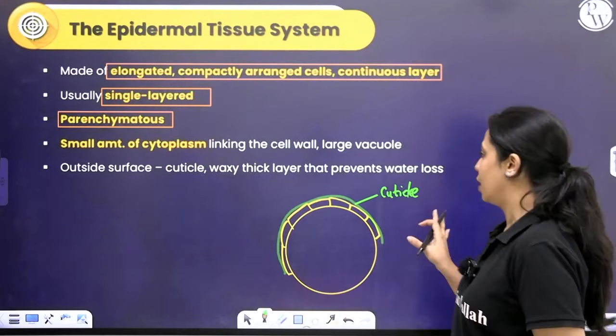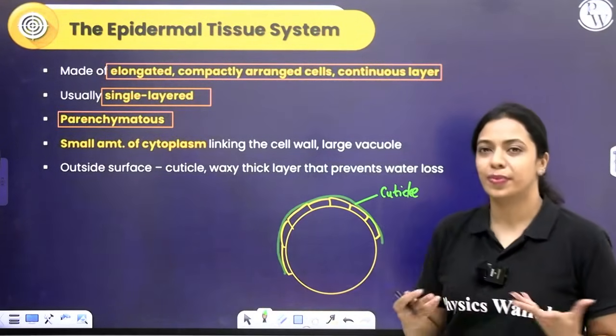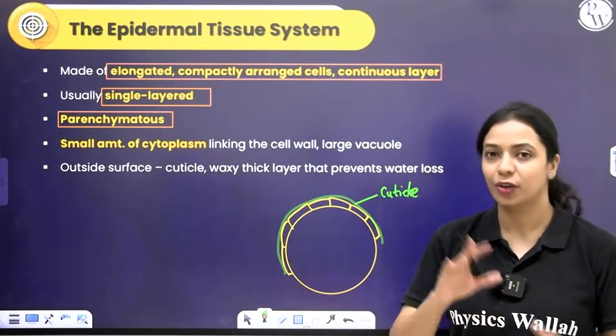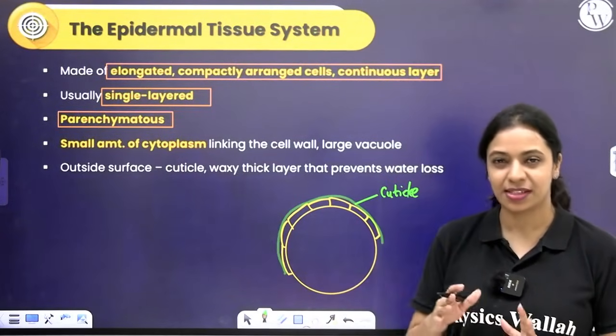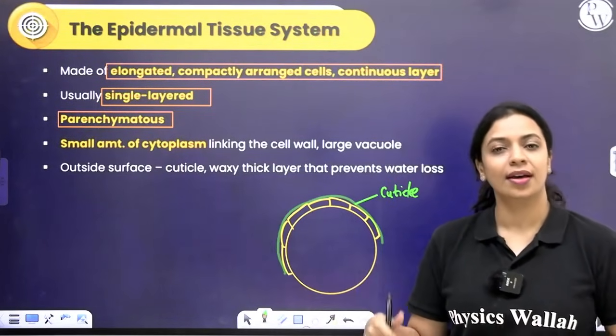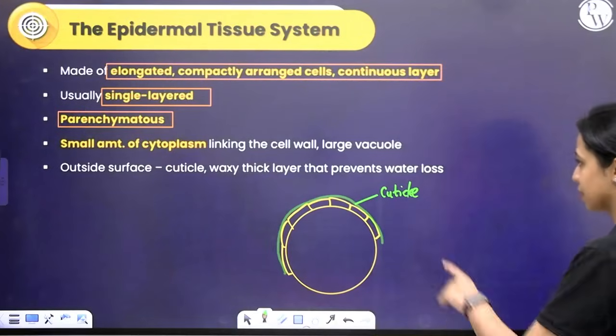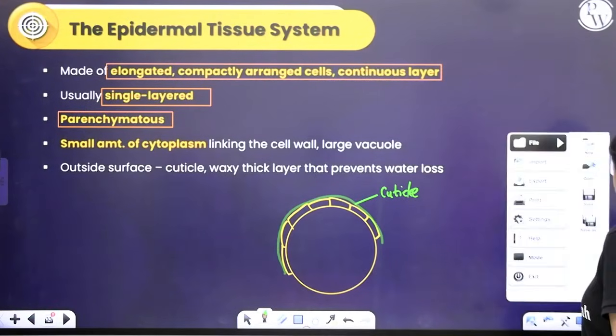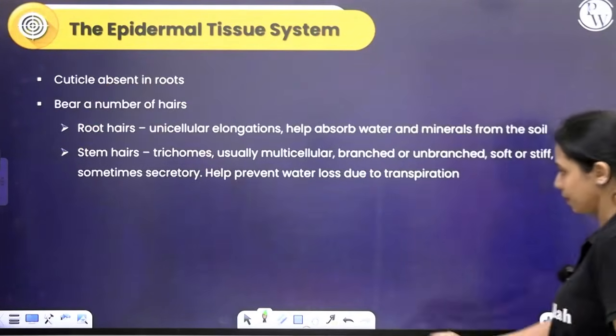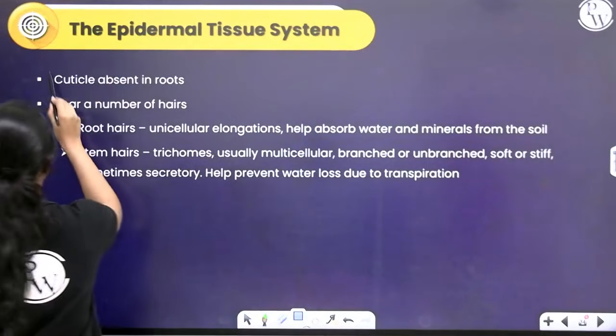So this cuticle is present only in the aerial parts of the plant. You can find them in the young stems and in the leaf, not root. Cuticle is absent in roots. That's about the cuticle.